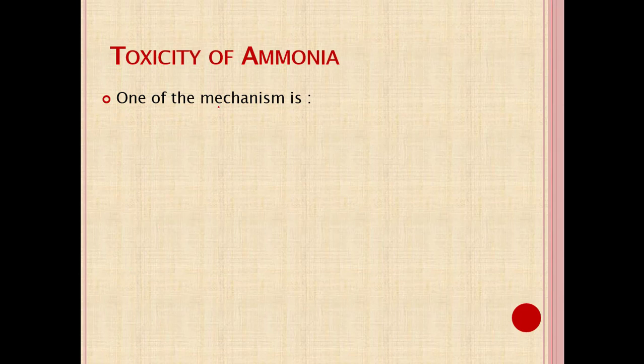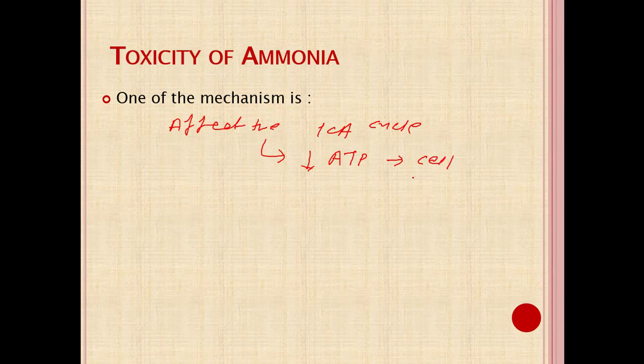Toxicity of ammonia. One mechanism for the toxicity of ammonia is that it affects the TCA cycle. When the TCA cycle is affected, ATP production decreases, and that ultimately affects the cell. How does it affect the TCA cycle?